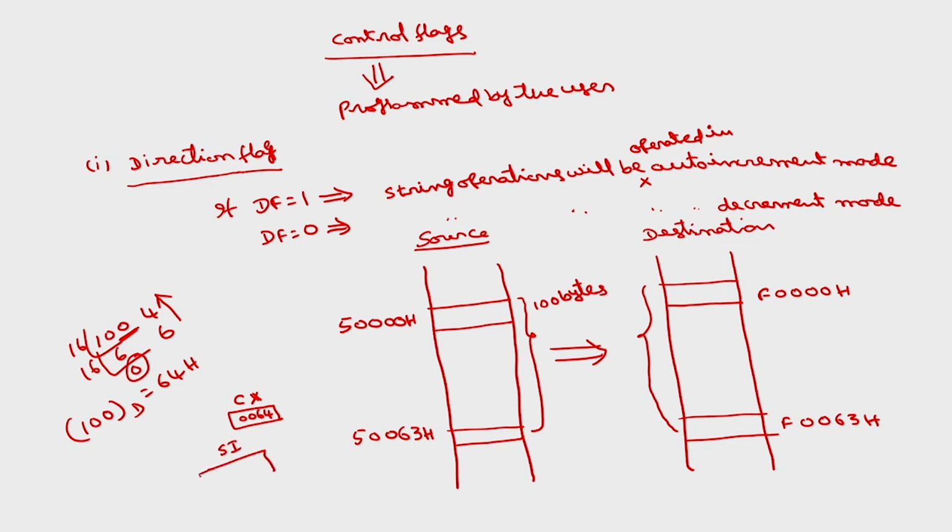As I described in the last class, all the registers are 16-bit registers, but the physical address has 20 bits. So all these registers will store only the starting 16 bits of that address. Here the address is 50,000, but the starting 16 bits will be 5,000. So the source index will have 5,000.